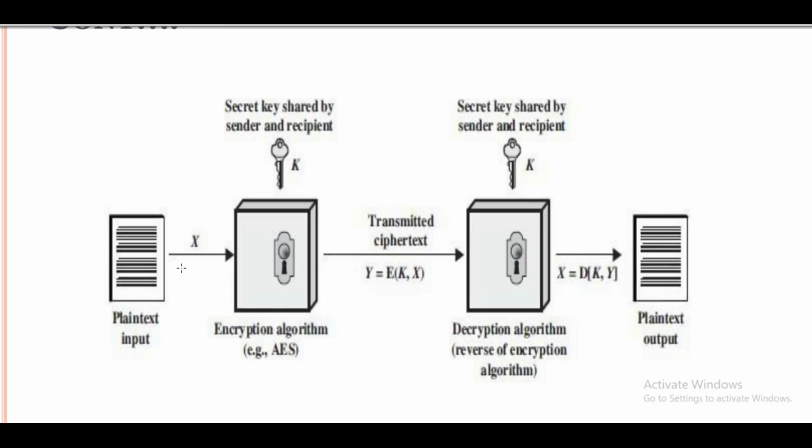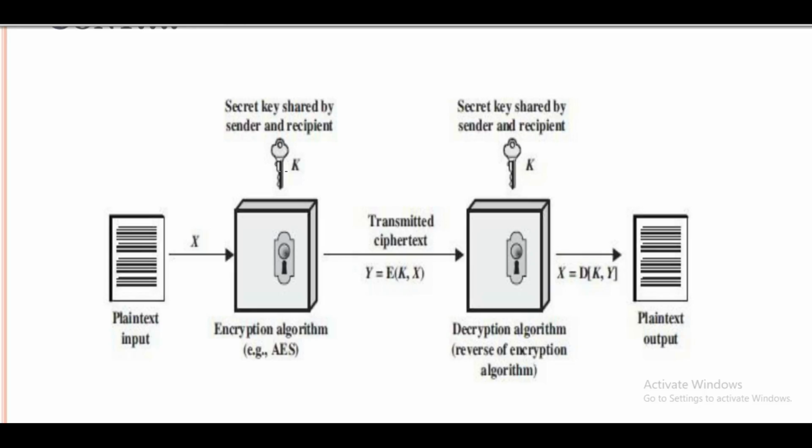Once we transfer our input as plain text, it is covered by the encryption algorithm, right? And then over here we apply a secret key, which is shared on both sides: the sender has the secret key and at the same time the receiver has the secret key.